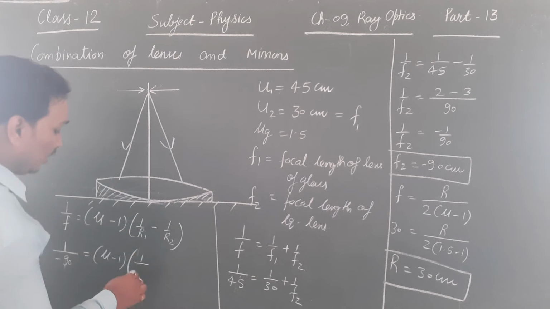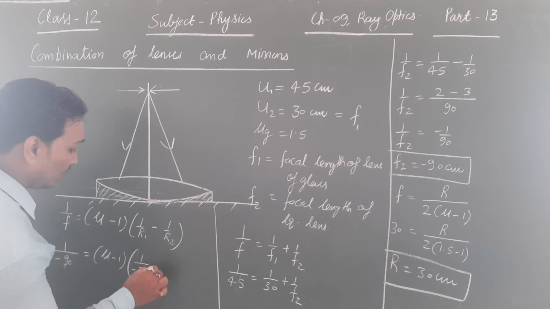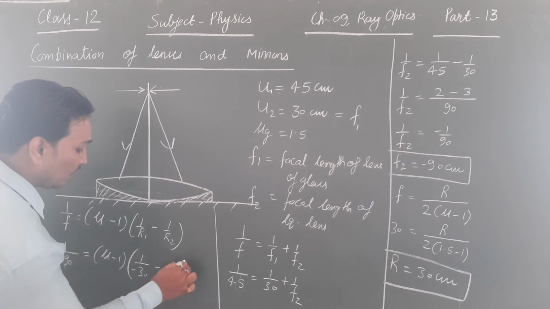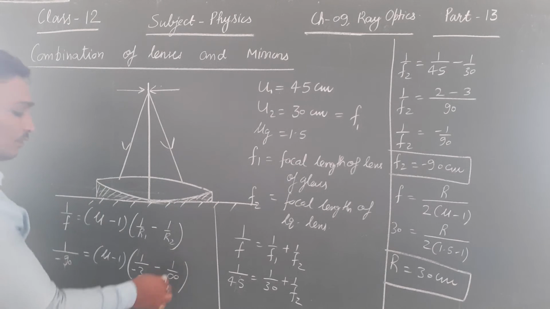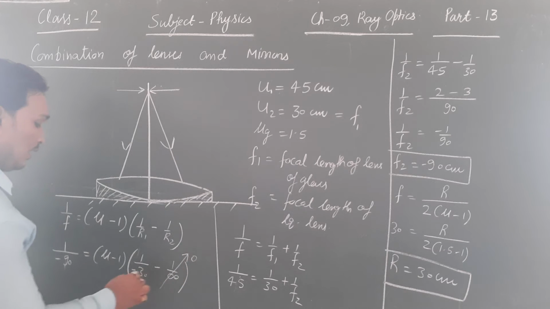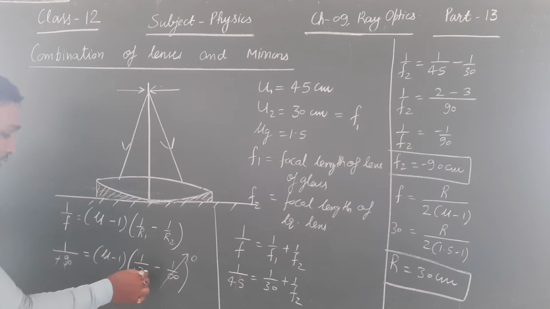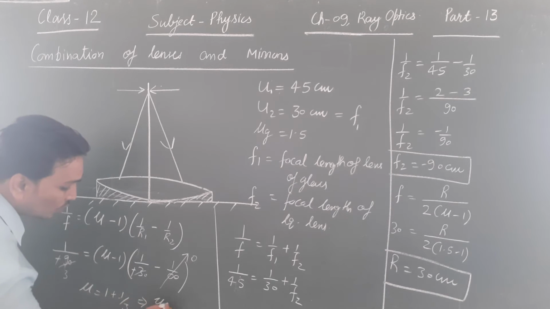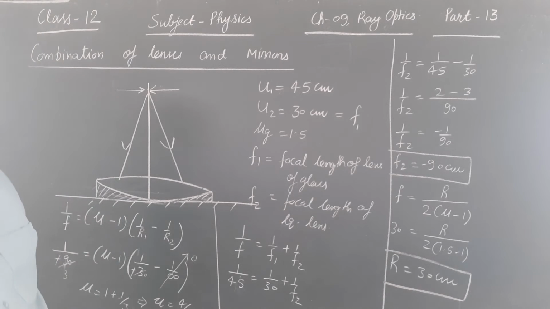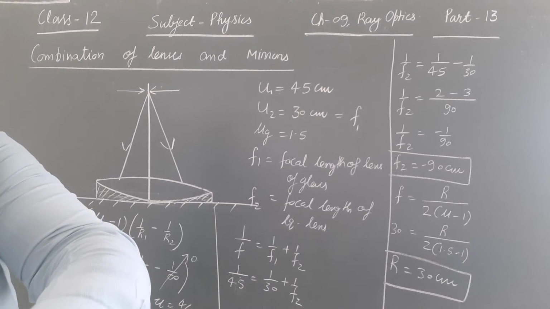So r1 has to be negative. So it will be minus 1 by 30, minus 1 upon infinity, because r2 is the plane surface, and 1 upon infinity becomes 0. This minus will cancel this minus, and this 30 will cancel 30 by 3 times. So mu minus 1 is equal to 3. So mu is equal to 1 plus 1 by 3, which is 4 by 3. Mu is equal to 4 by 3.